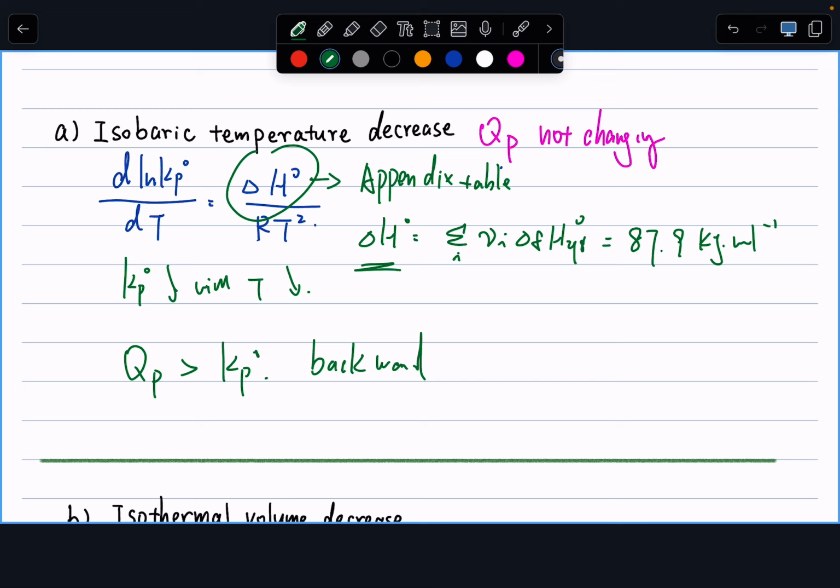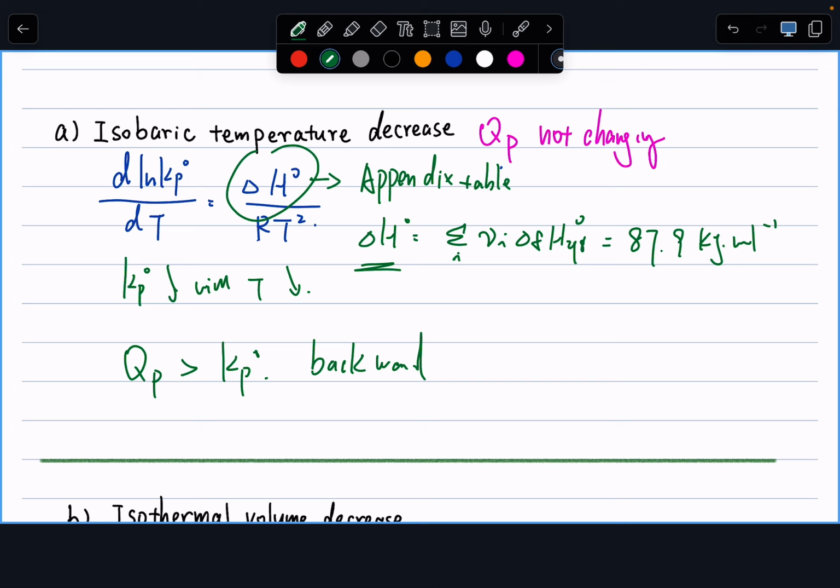Whenever my QP naught is larger than my KP, we predict a backward reaction, and when my QP naught is smaller than KP naught, we're predicting a forward reaction.